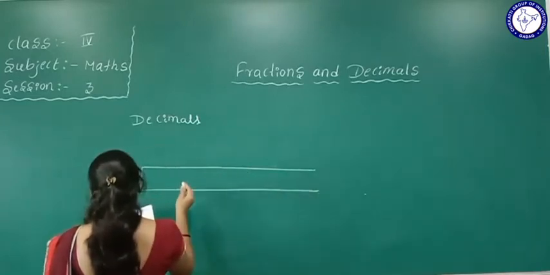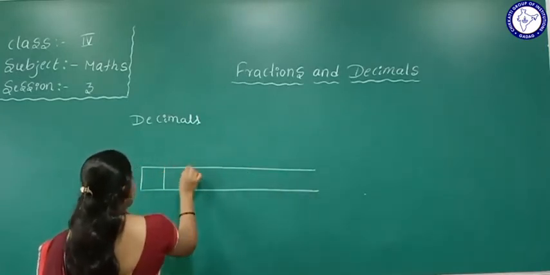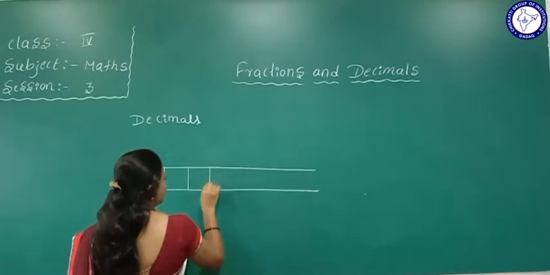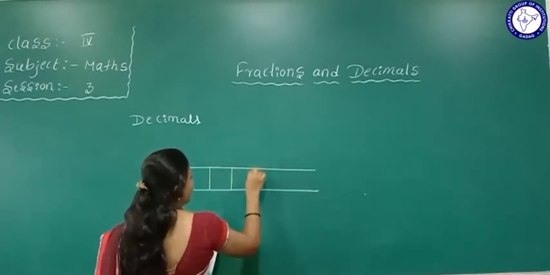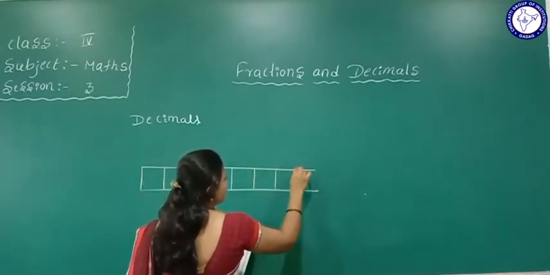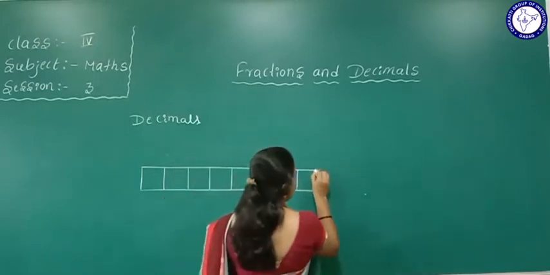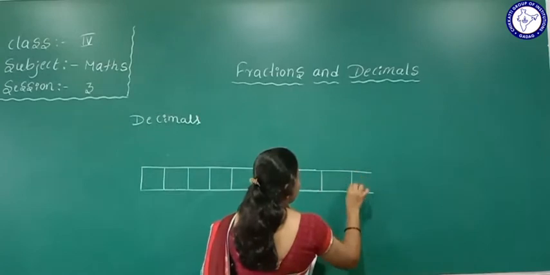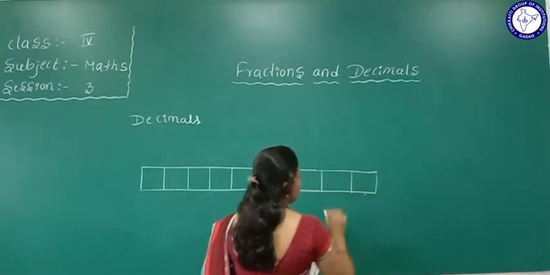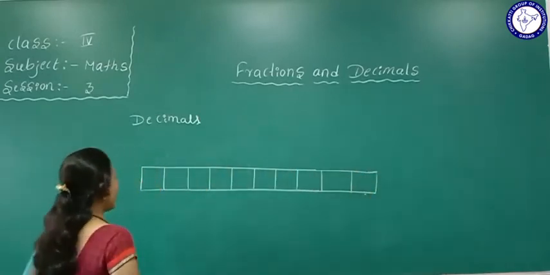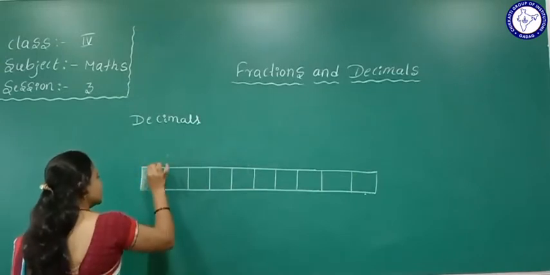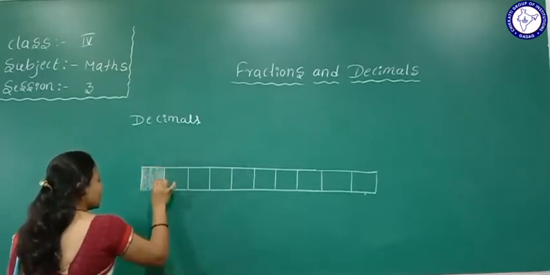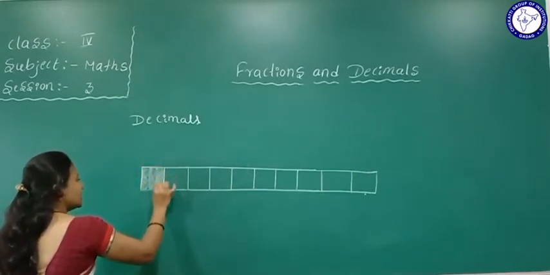So how many parts are there in this? 10. 1, 2, 3, 4, 5, 6, 7, 8, 9, 10. Okay, in these 10, only one part is shaded. Yes, only one part is shaded.